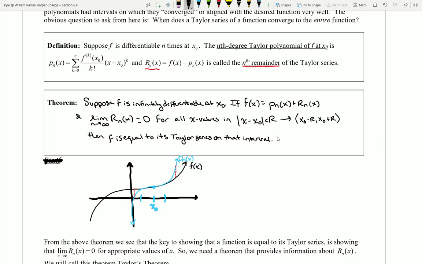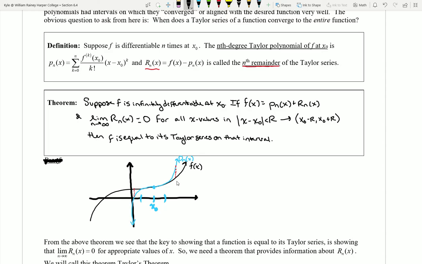Now, this can sound at first like a fairly complicated statement, but it's actually a really simple statement. If I'm going back to the main question of the section, how could I show that the entire function, or the entire blue polynomial, will converge to the function? Well, the only way that the blue thing and the black thing will be the same is if all of the red gaps disappear.